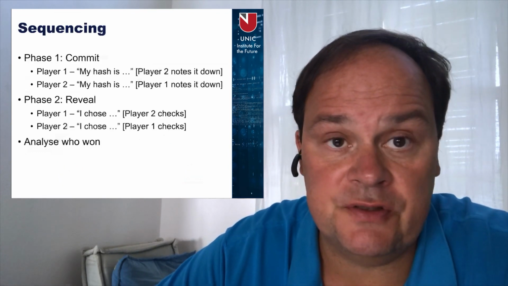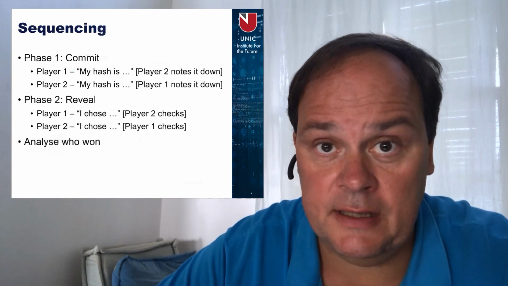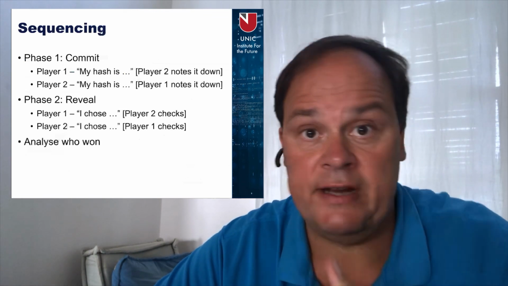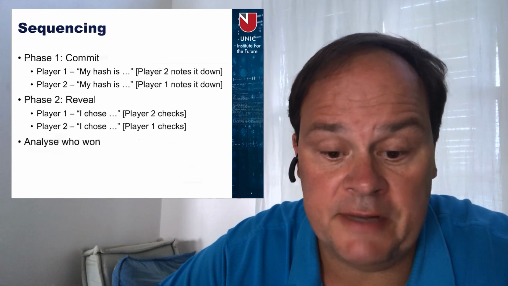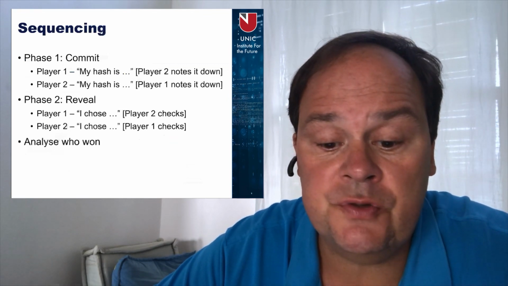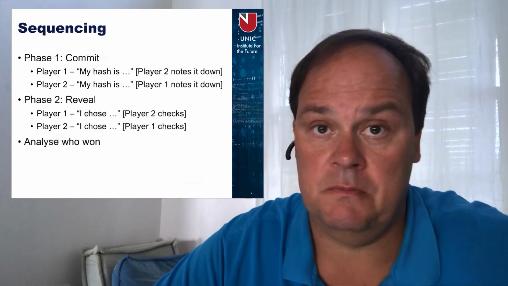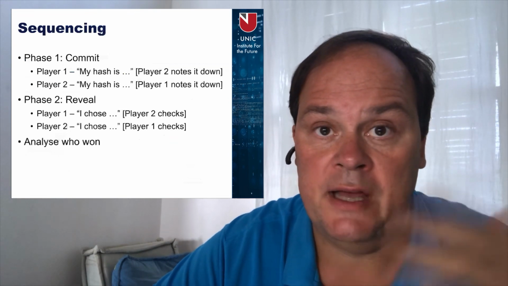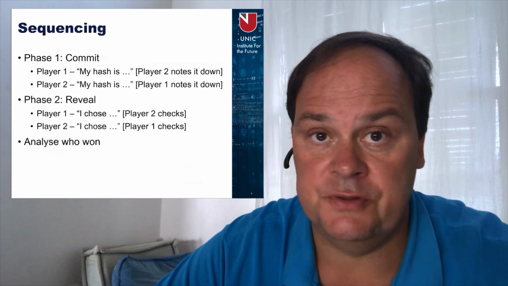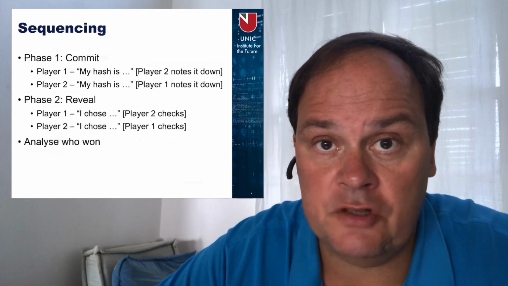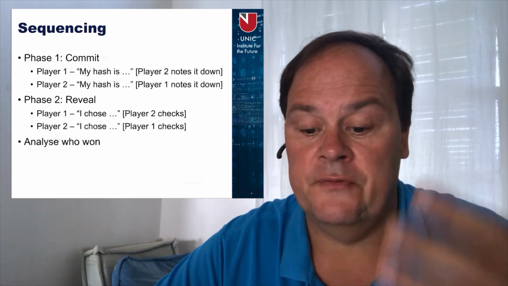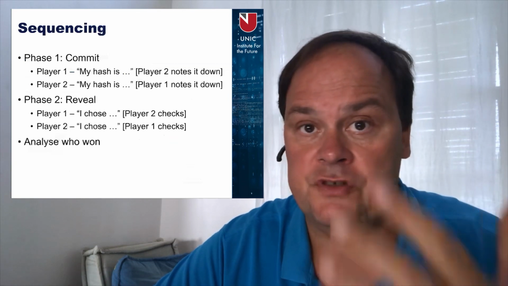So putting these things together, obviously, if you put the commit and reveal directly after each other from one player, it doesn't make a lot of sense. So what you do is first everyone commits. So player one, my hash is blah, blah, blah. Player two, my hash is blah, blah, blah. Everything is noted down. Then everyone has committed, and then there is a reveal. I chose rock, I chose paper.